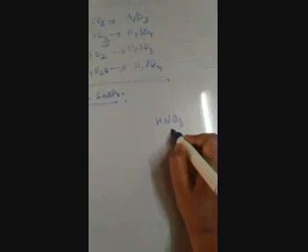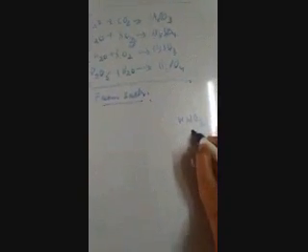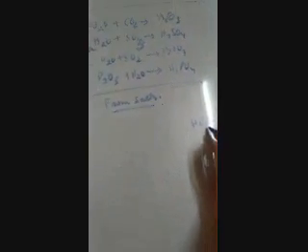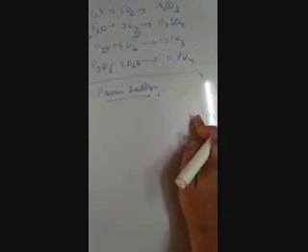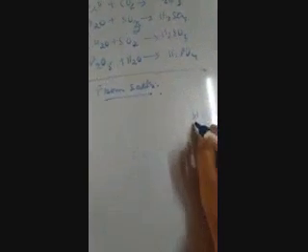Suppose we want to prepare nitric acid. From its salt, we can get its salt by removing this H with a metal. So it could be your KNO3.